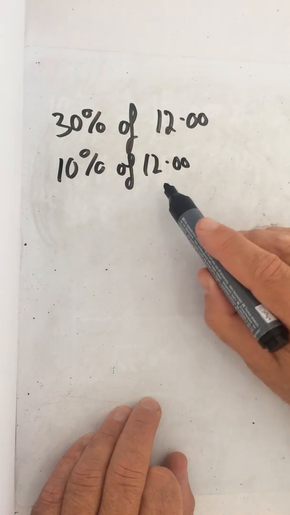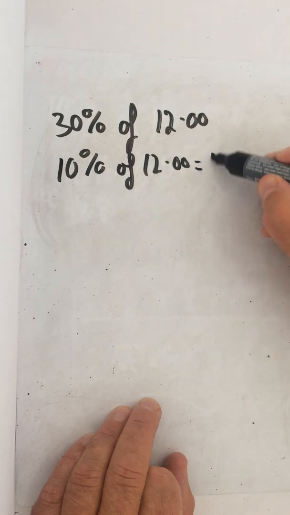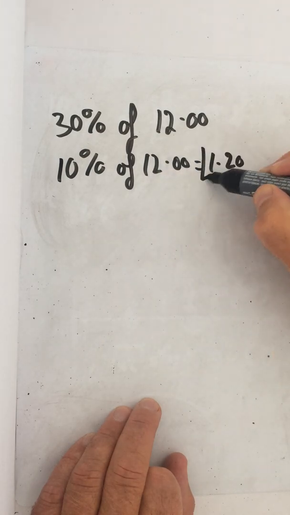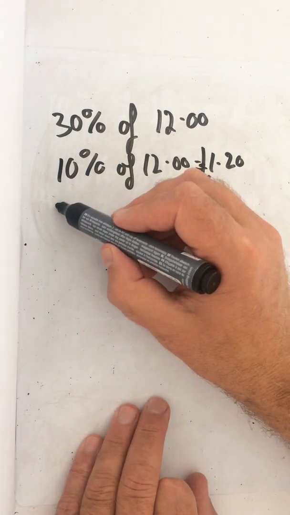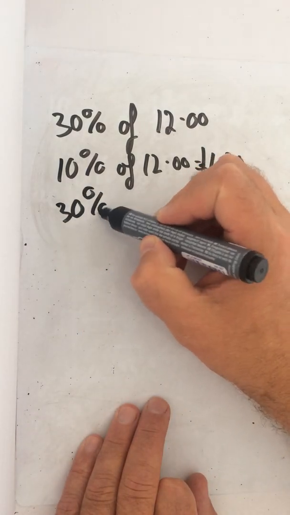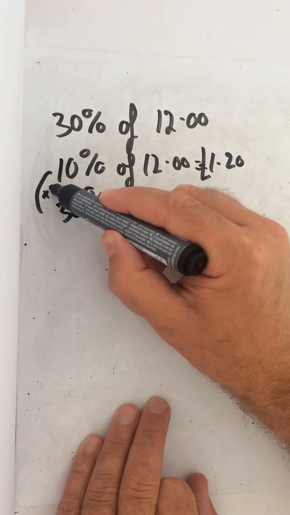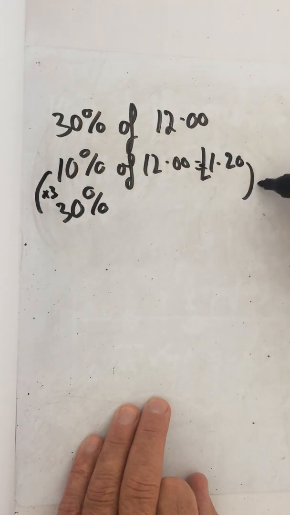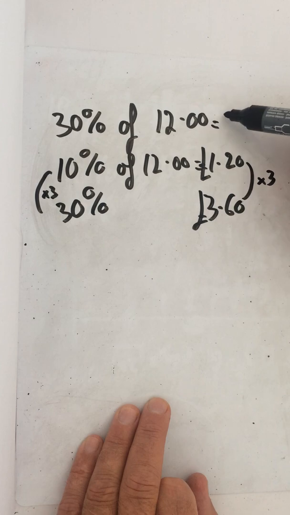To find 10%, I'm going to divide this by 10, so I'm going to move the numbers one place, so it becomes £1.20. Okay, £1.20. Now I found 10%, I should be able to find 30%. How am I getting from the 10 to the 30? Timesing by 3. So I times £1.20 by 3, £3.60. So 30% is £3.60.